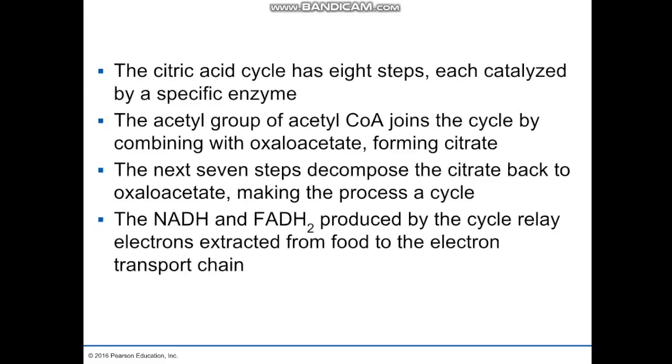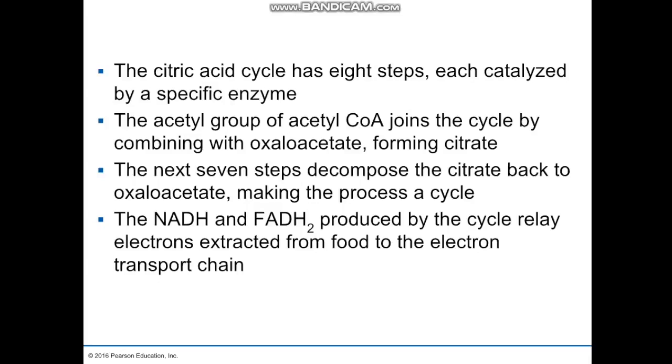The citric acid cycle has 8 steps, and each one is catalyzed by a specific enzyme. The start of it is when the acetyl group of acetyl coenzyme A joins the cycle by combining with oxaloacetate, which forms citrate.